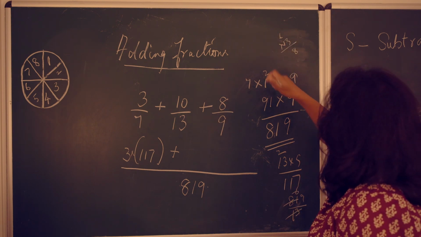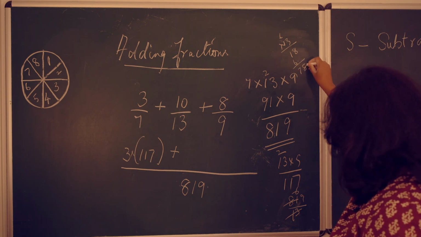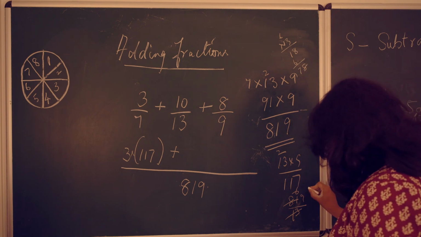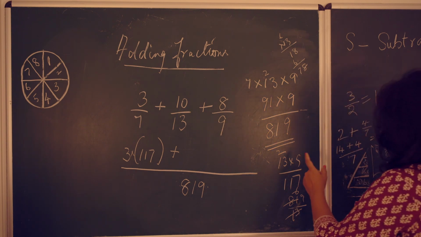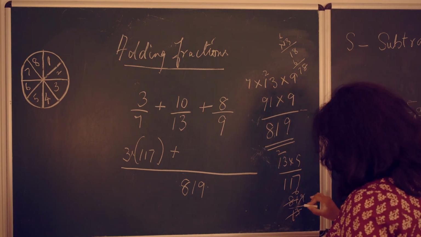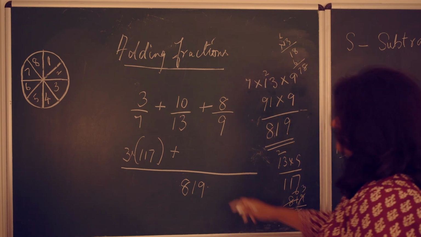Okay, 6 times it goes here, 78 it comes to. And that means I have 39 here, so that is 3 remainder. 39 divided by 13 is 3. So it will be 63.